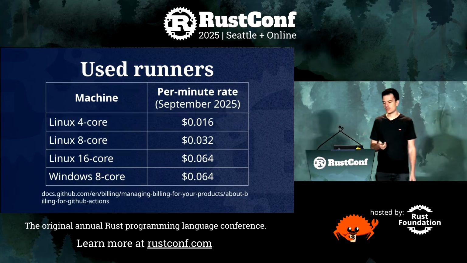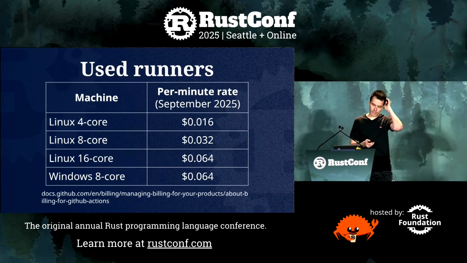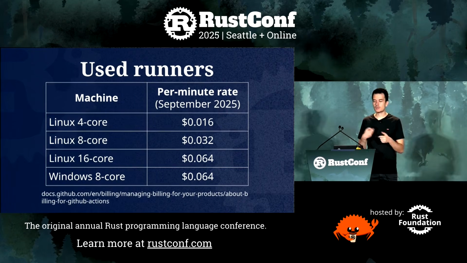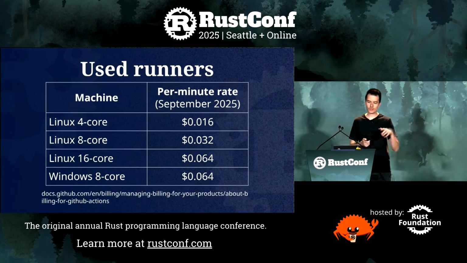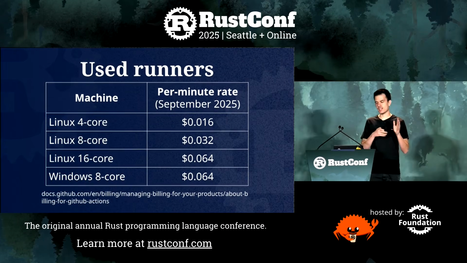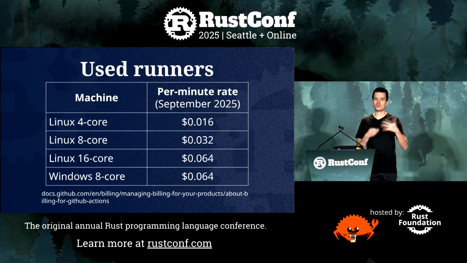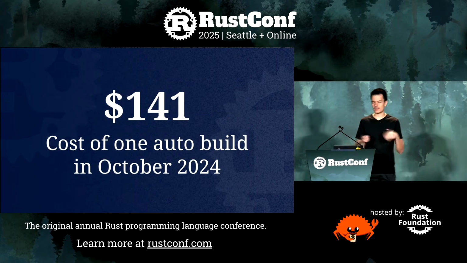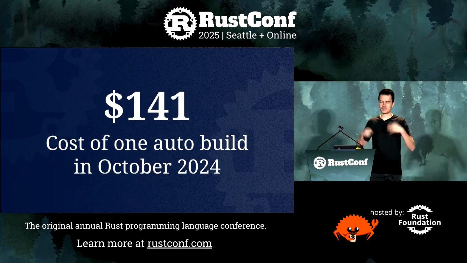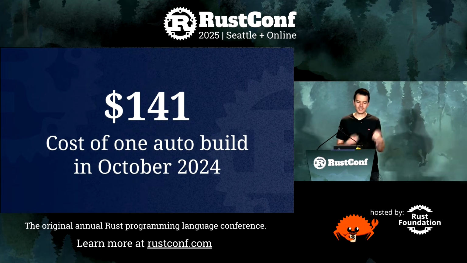For example, these are the prices as of today. And these are some of the large runners that we use or we used in the past. So if we take the per minute rate and multiply it by the number of minutes of CPU time of all the large runners of the auto build, we get that as of October, the cost of attempting to merge something to the default branch of Rust was $141.